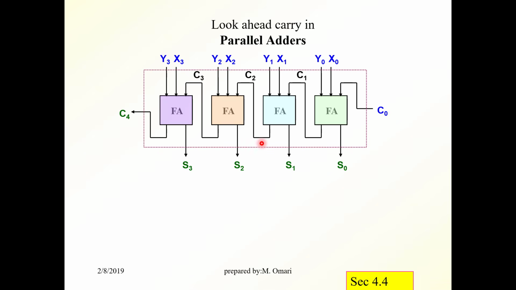Now this propagates this delay to here through C2. So C2 will be stabilized as an input after 20 milliseconds. That means S2 here will stabilize after 30 milliseconds. And the final output, which is S0, S1, S2, and S3, will not be stabilized until 40 milliseconds has passed.